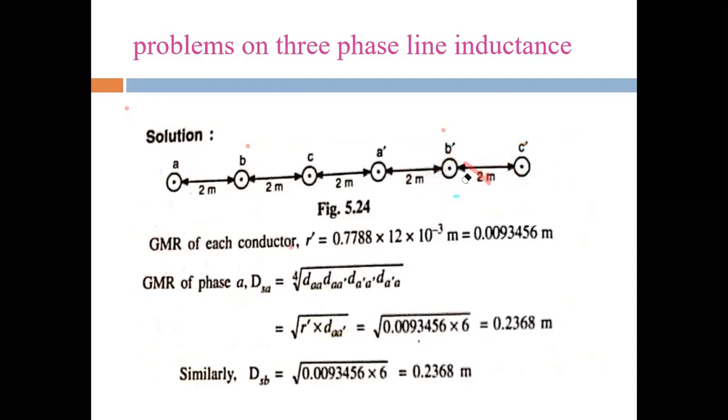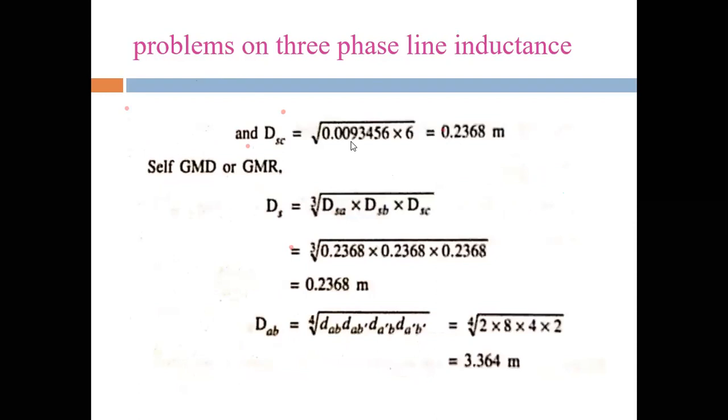That will be observed in this diagram. C to A dash is 2 meters, plus A dash to B dash is 2 meters, plus B dash to C dash is also 2 meters. Then 2 plus 2, 4, 4 plus 2, that is equal to 6 meters. That is the distance between C to C dash. Next we calculate the DSC.